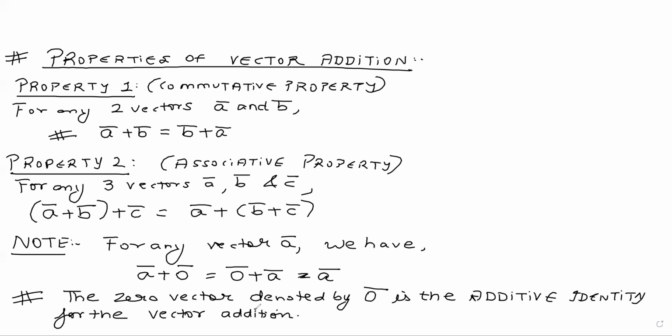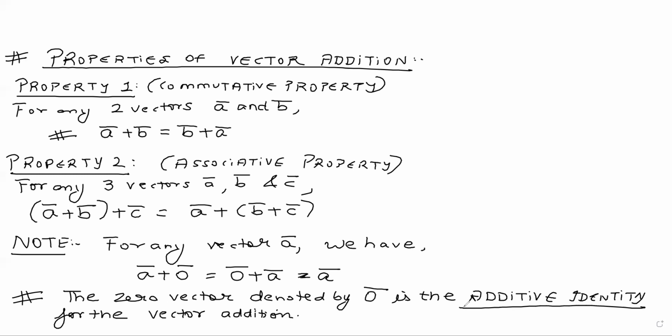So I hope students have understood this particular note. If I take up any vector A bar, then vector A plus the 0 vector is equal to the 0 vector plus the A vector, which is equal to the vector A itself. So basically the 0 vector is the additive identity.